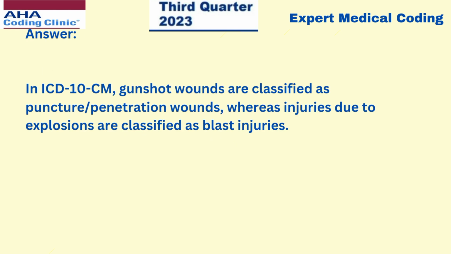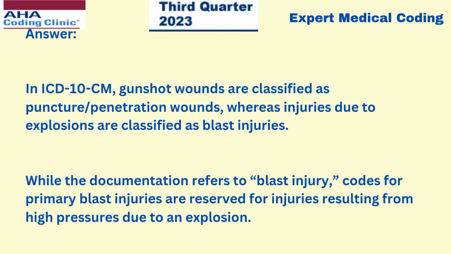Why? Because in ICD-10-CM, gunshot wounds are classified as puncture penetration wounds, whereas injuries due to explosions are classified as blast injuries. So in this scenario, there is no explosion documented. While the documentation refers to blast injury, codes for primary blast injuries are reserved for injuries resulting from high pressure due to an explosion.